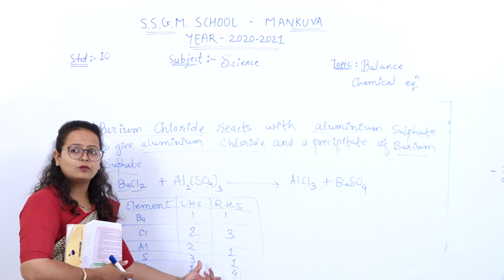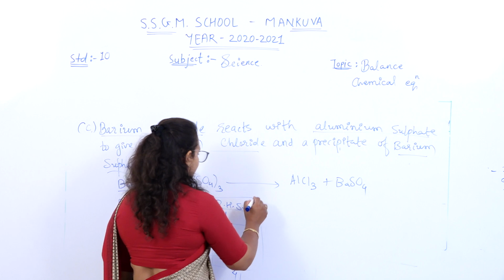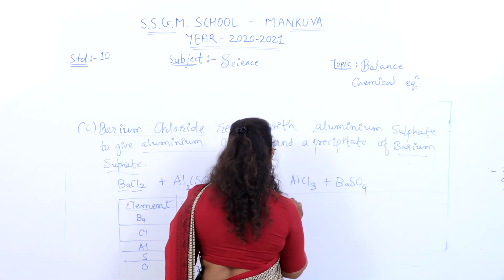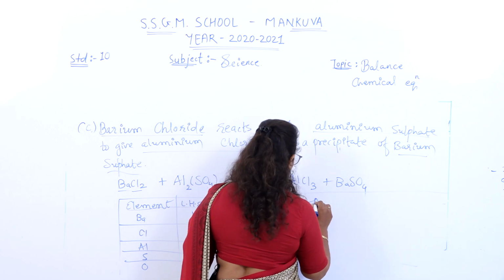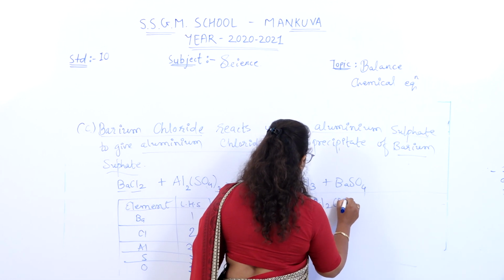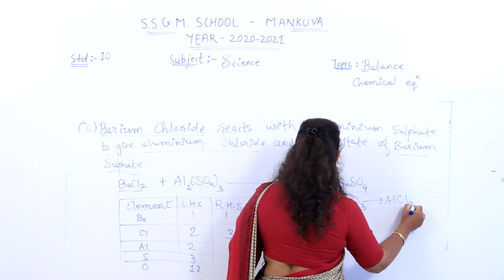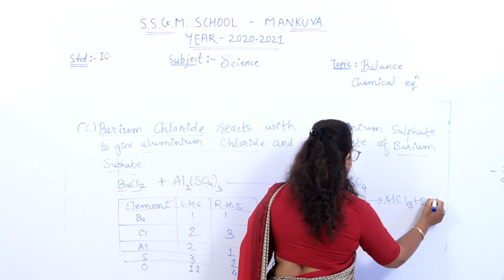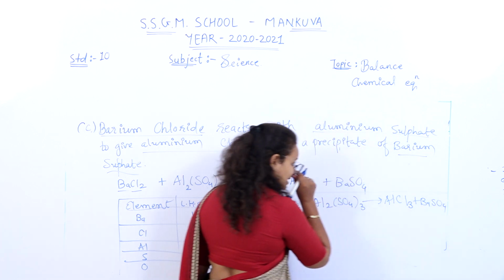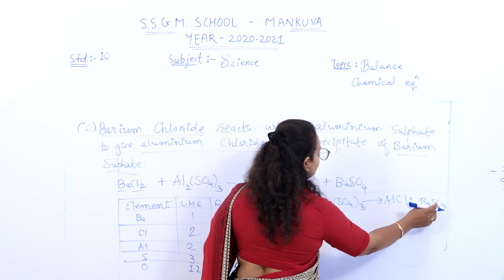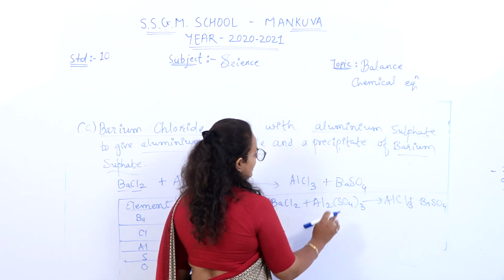So let us start with oxygen. Write this equation again, which is barium chloride plus aluminium sulfate, which produces aluminium chloride plus barium sulfate. Let us start with this: 4 and 12 difference.